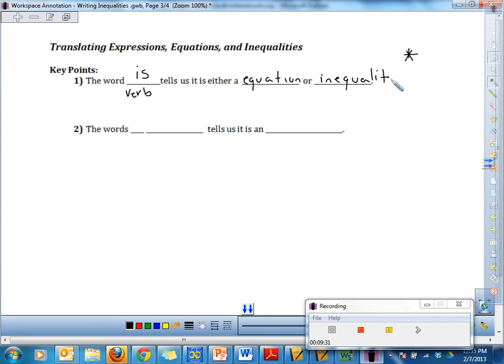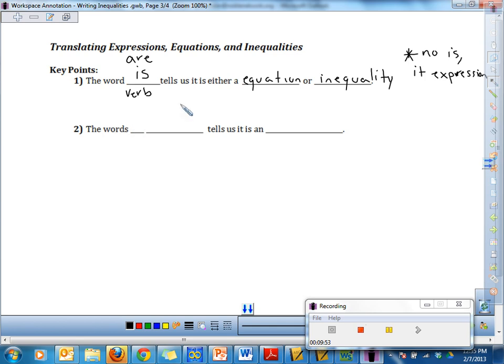Something to note, if there is no is, it is an expression. Now, remember that we can have present and past tense of words. Another tense of is is are. So we might see is, we might see are, but both of those are the verb, and that's going to tell us if it's either an equation or an inequality.